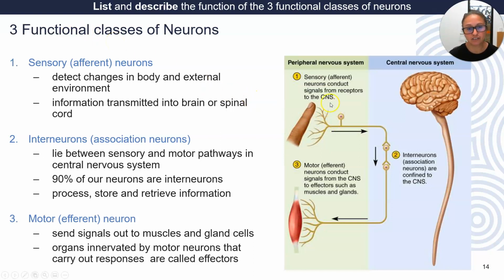There are sensory neurons that bring information in. There are neurons that sit in between the sensory and the motor one, and then you've got the motor neuron that creates a response, tells muscles what to do, tells the glands what to do. So they are the three different functional classes of neurons.